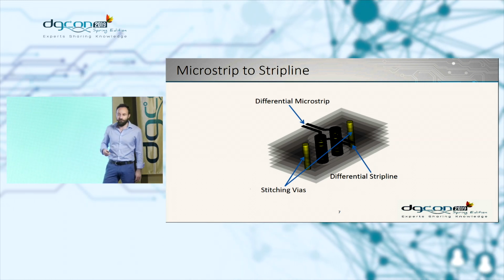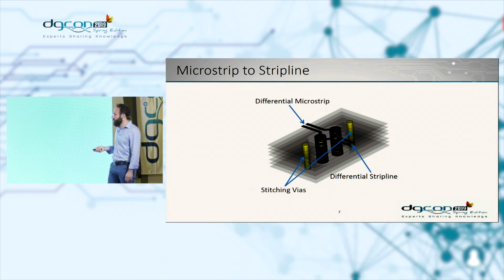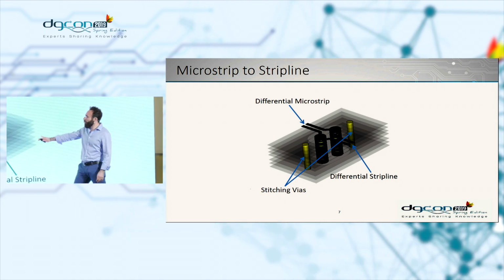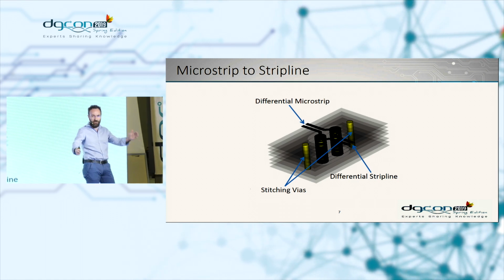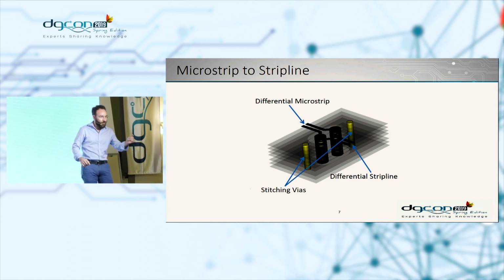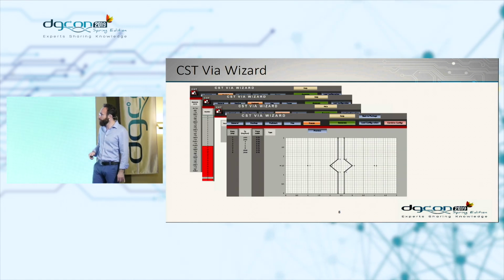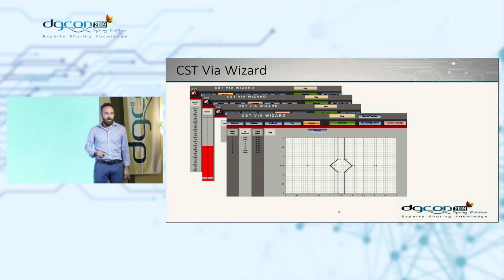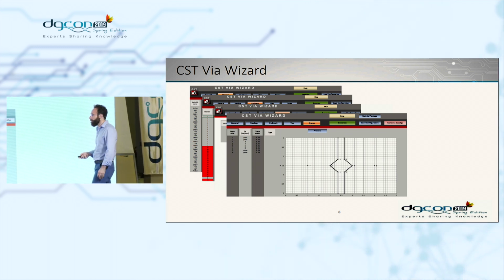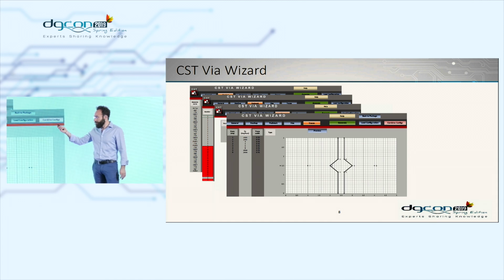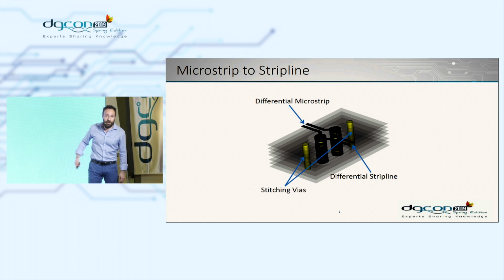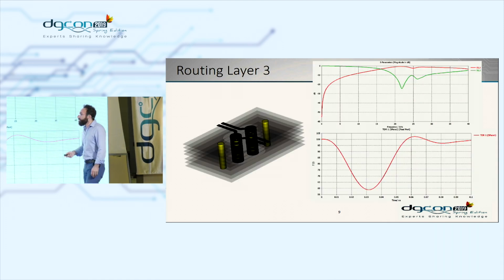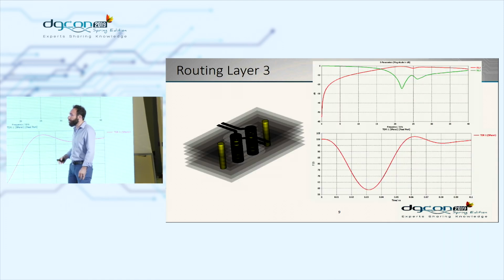We can use, of course, a macro to design this directly, but basically we want to investigate which is the best connection between two different points using through vias. Okay, let's have an idea about the topology of our transition. It's a simple macro to generate this kind of geometry automatically, and have a look at the S parameter.